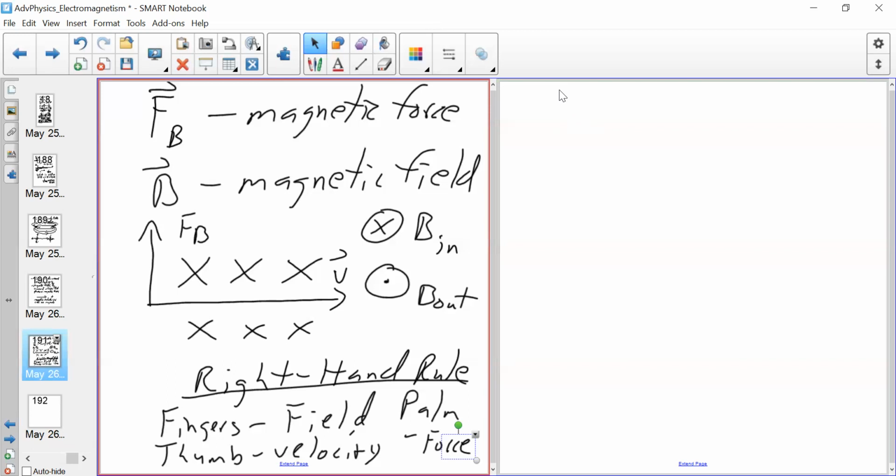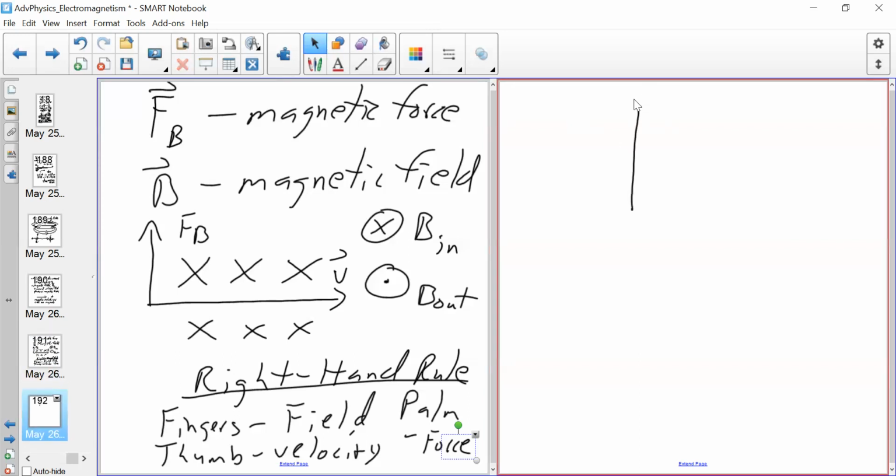It's been shown that the magnetic force is perpendicular to both the field and the velocity. So let's say in this configuration, the magnetic force will be in the z direction, the magnetic field will be in the y direction, and then the velocity is along the x-axis.